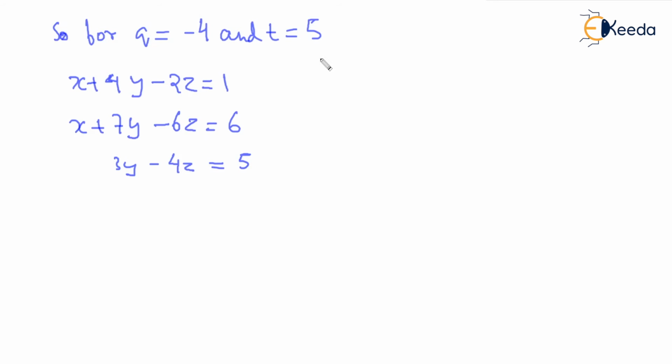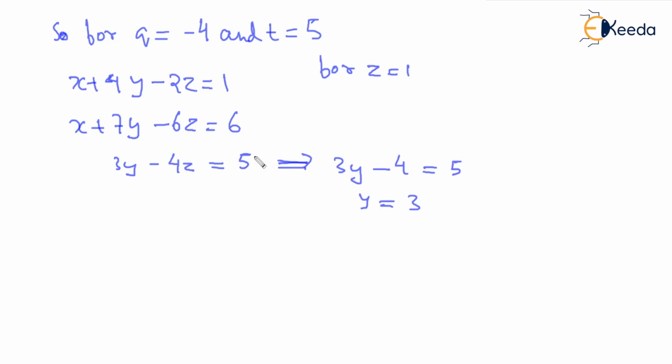So for z equal to 1, in this equation we can see this becomes 3y minus 4 into 1, which is 4, equal to 5, and this gives y is equal to 3, because 5 plus 4 divided by 3, so that makes it y equal to 3.